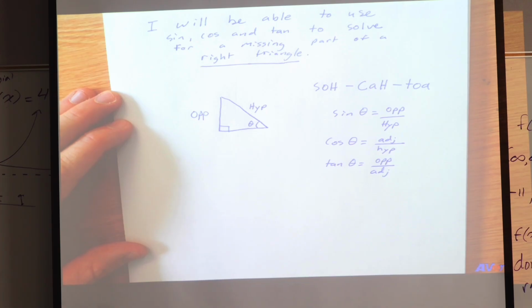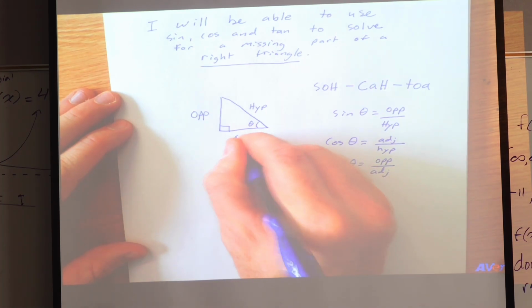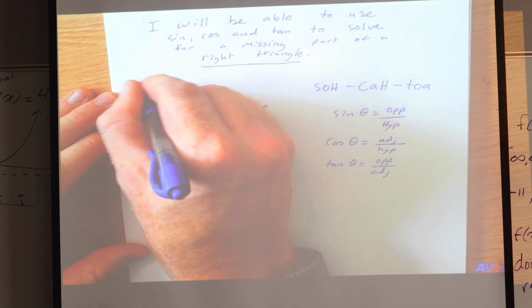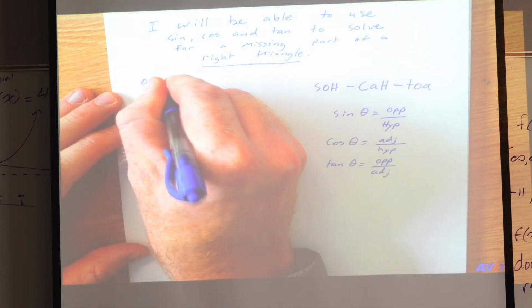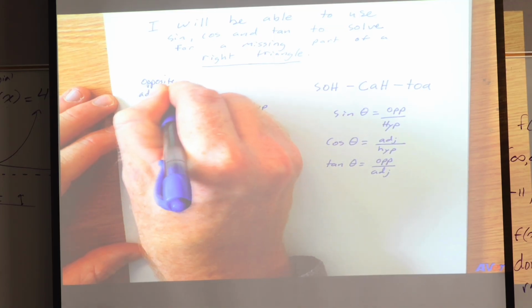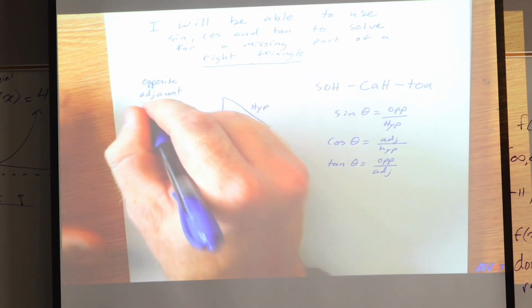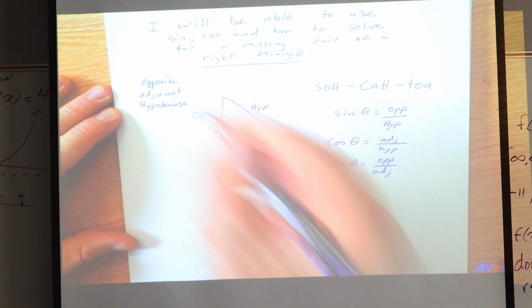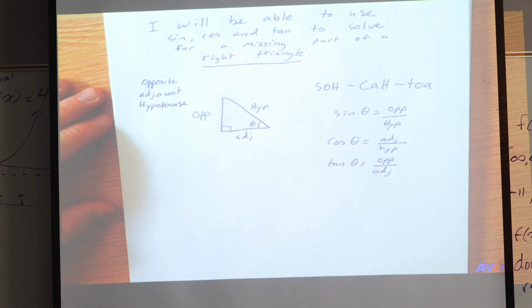Okay, process of elimination then, this is going to be our adjacent. So again, opposite, adjacent, and hypotenuse. Okay, those are abbreviations that we're talking about.